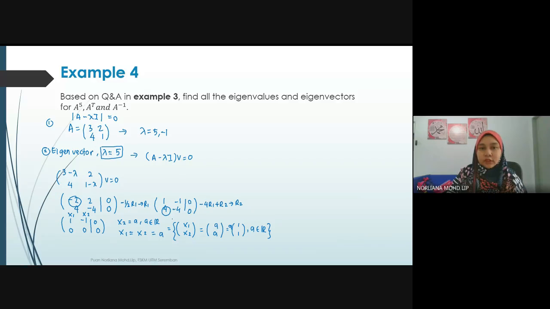Okay, so this is the eigenvector for lambda equal to 5.